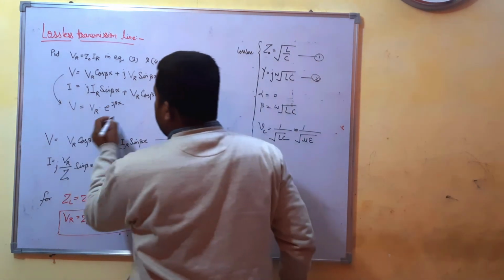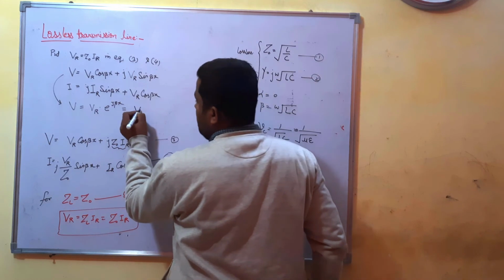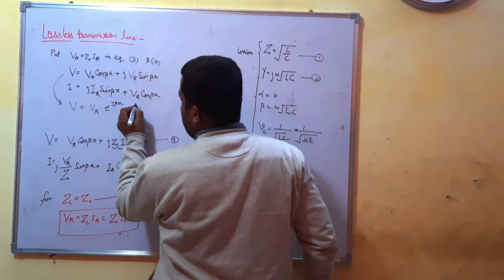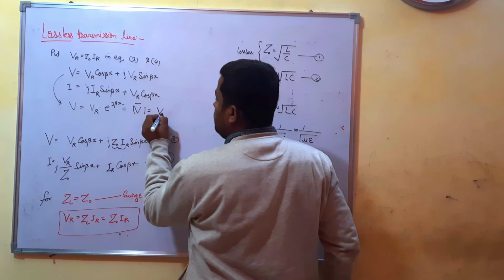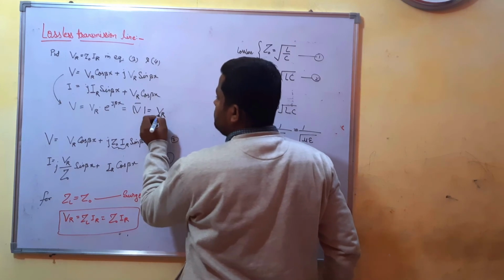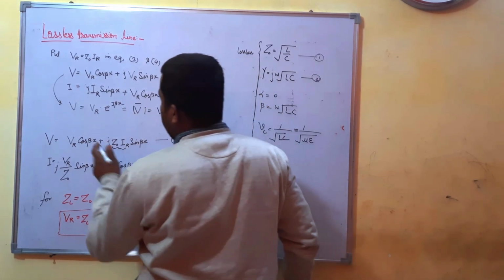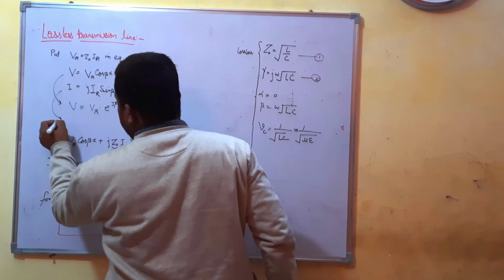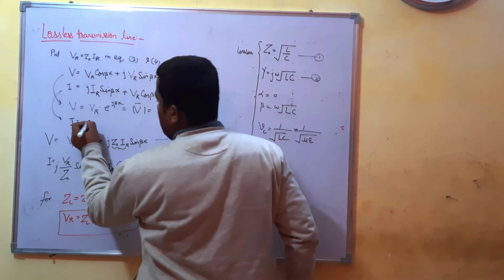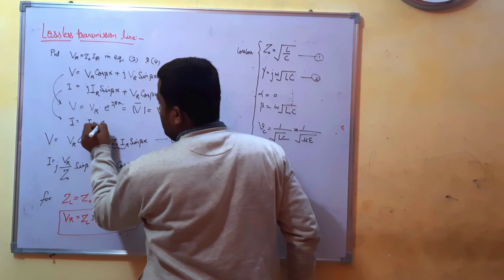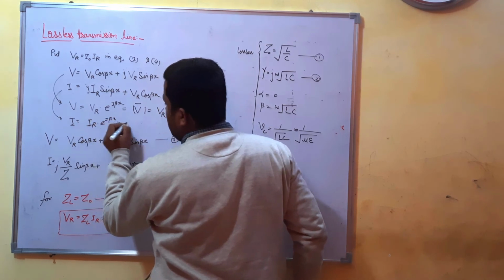In polar form, the magnitude of V is equal to VR, and I becomes IR e to the power j beta x.